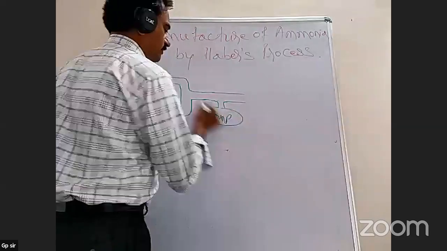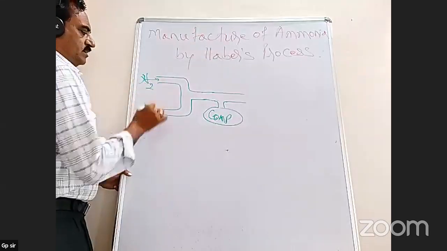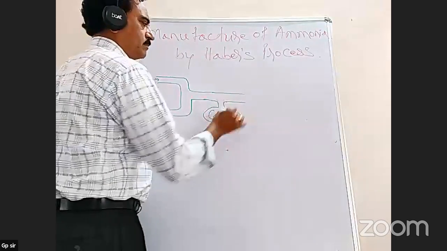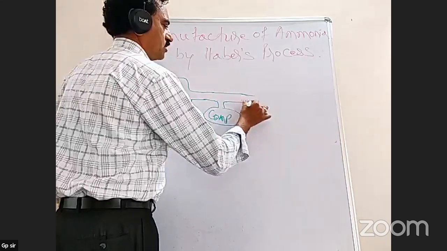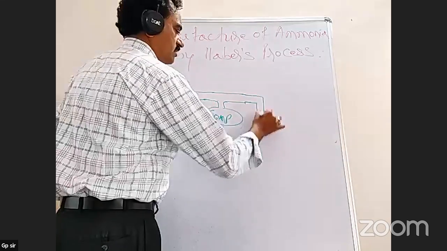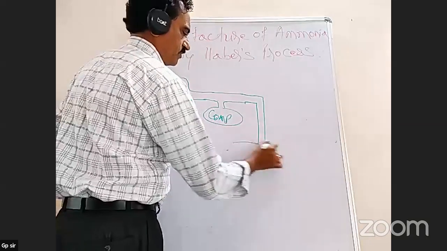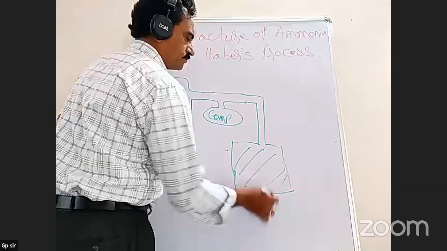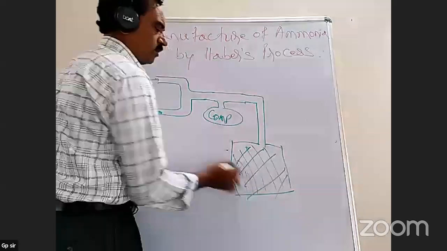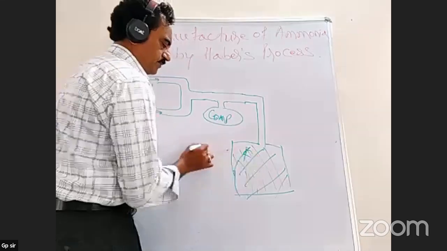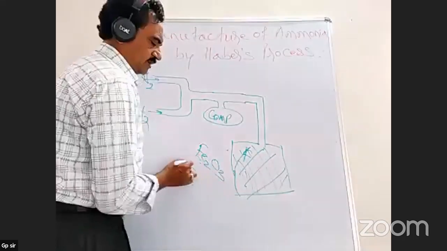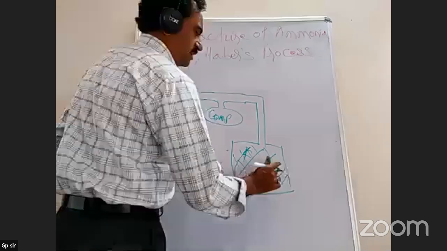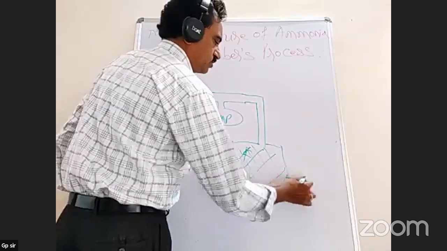Pressure is applied through this nitrogen, and through this hydrogen are passed into the compressor, and then the reaction mixture is passed into the reaction chamber, where we have the gauze consisting of iron oxide Fe2O3 plus K2O, and then the reaction takes place.